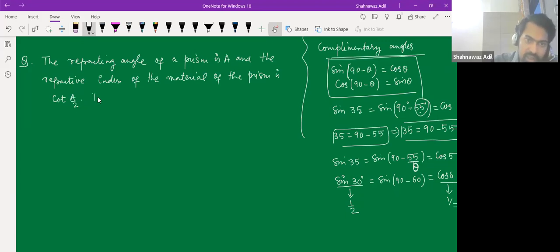Then the angle of minimum deviation is how much? So what is the information that is given? What is given, Arsalan?